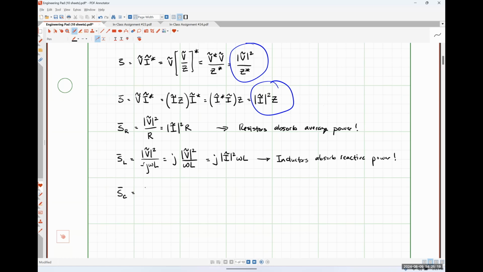So that's going to look like the magnitude of the voltage, sorry, I need to put that square symbol outside of the absolute value, over 1 over negative J omega C. The negative sign came from the fact that we're doing the complex conjugate. So this is simply negative J times the magnitude of the voltage squared times omega C.